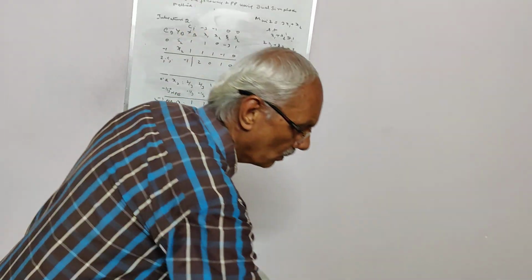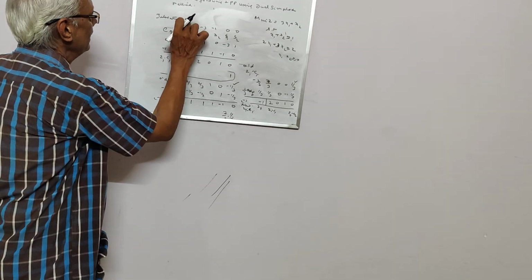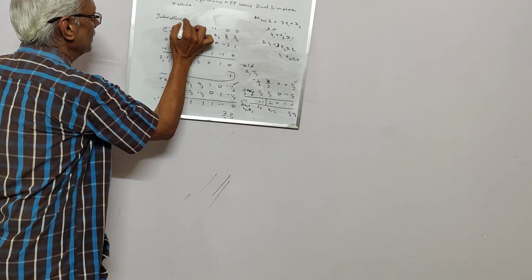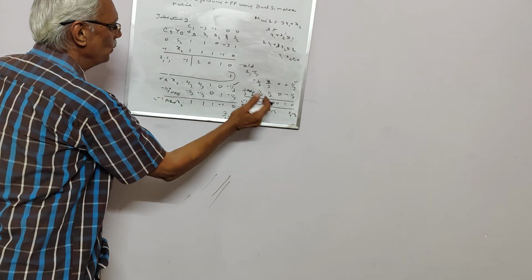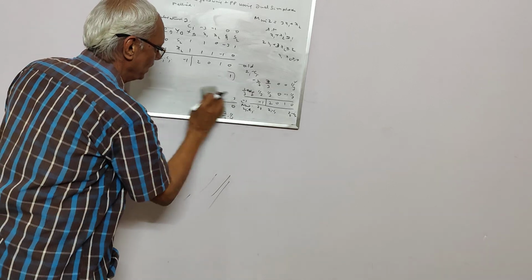So this is what we have now. So I have written, but I have not done anything. It is iteration 3. I have put all the newly formed values here. So what happens now?